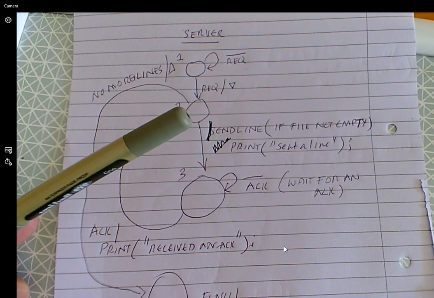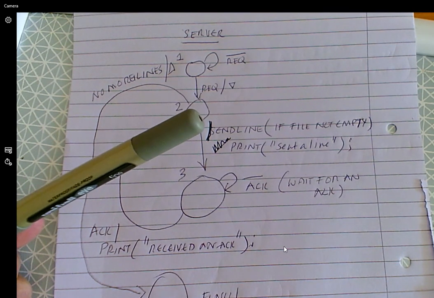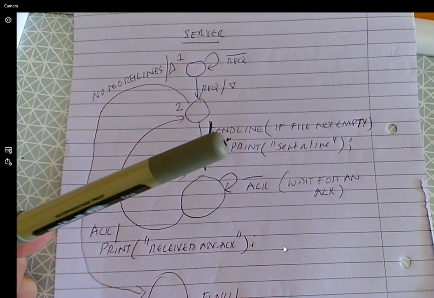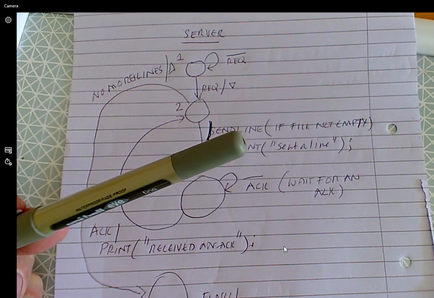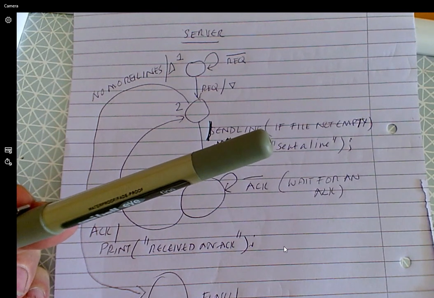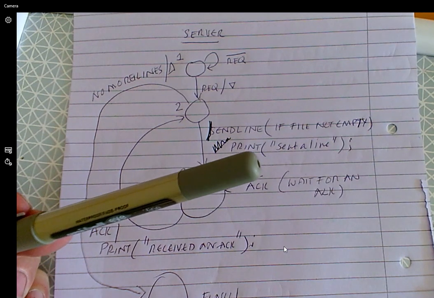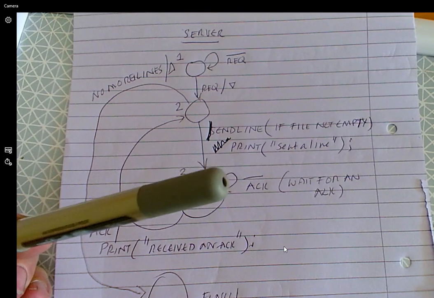state 2. And in state 2, well, you're going to move to state 3 almost straight away. But the two things that this state machine is going to do is, first of all, to send a line to the client, providing that the file's not yet empty. There's more to send. And also you print the message, I've sent a line to the client.